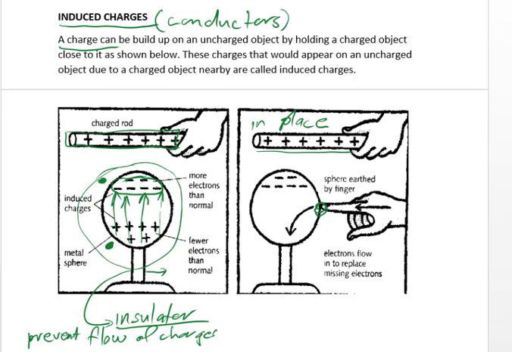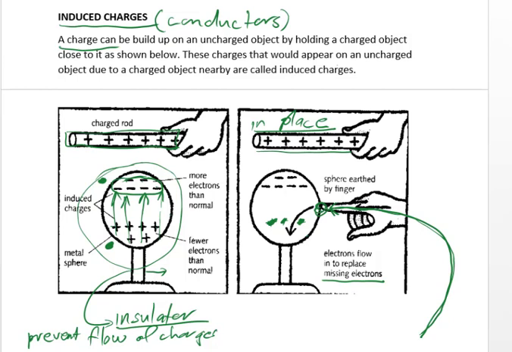While the positively charged rod is still in place, and you place your finger at this lower part of the metal sphere, what is going to happen is, because we had positive charges here, electrons are going to move from the ground through your body to the sphere to neutralize it. So electrons flow in to replace the missing electrons. They flow from the ground through your body, because your body can conduct, right, to the metal sphere.